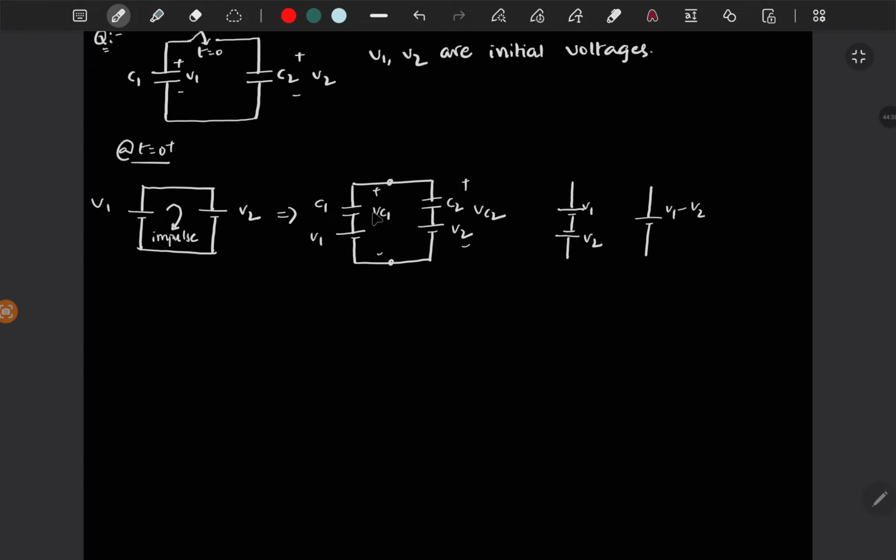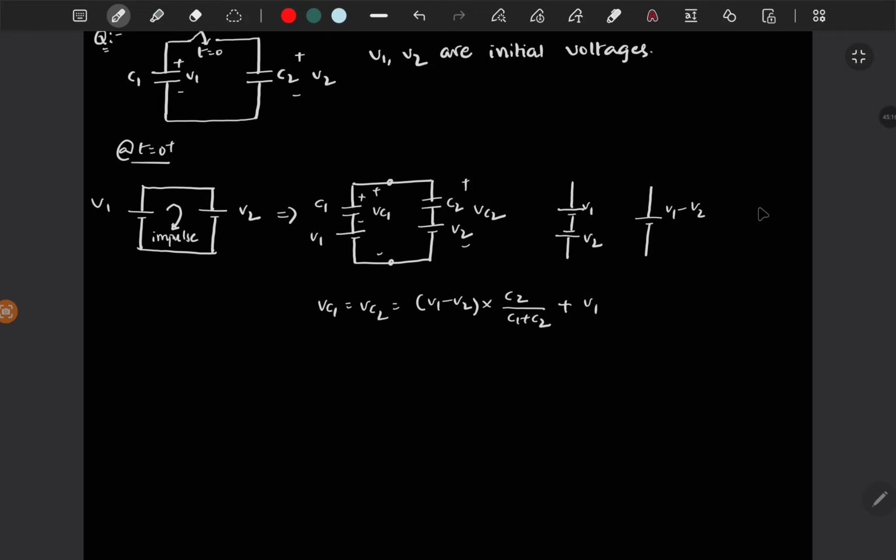So equivalently you have a battery of V1 minus V2 and two capacitors in series. So across this particular capacitor C1, I'm directly writing the equivalent: Vc1 is equal to V1 minus V2 times C2 by C1 plus C2, plus V1.